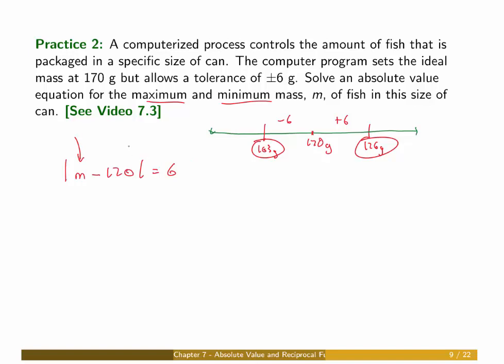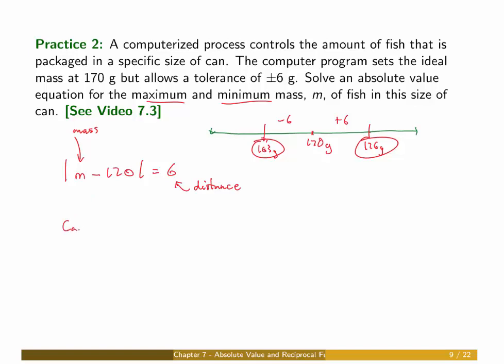You want the distance from 170 to be a maximum of 6. Notice how I use the word distance. That's the mass, and the distance is always positive, right? The distance from 163 to 170 is positive, and the distance from 176 to 170 is positive 6. So that's the difference. That's the distance.